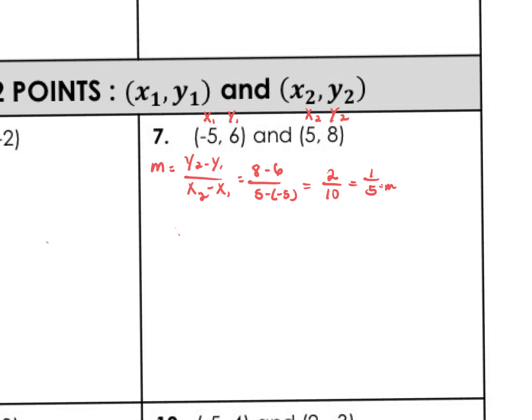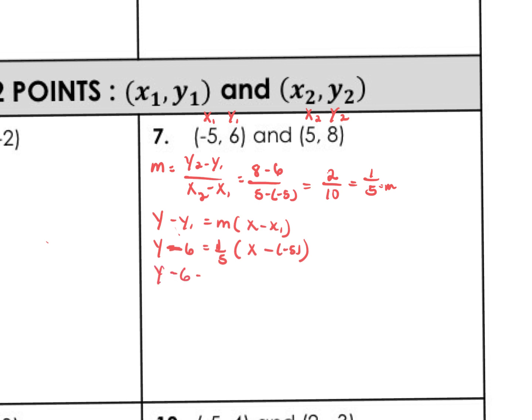Then we're going to go back to the original equation, the point slope, y minus y1 equals m times x minus x1, and plug in our values. So y1 equals 6. Y minus 6 equals the slope, which is 1/5, times x minus negative 5.